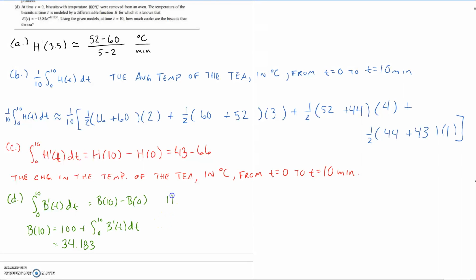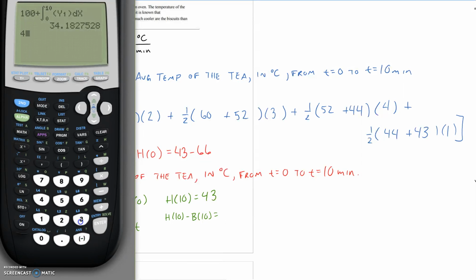h of 10 is 43. We can read that from the table. And then h of 10 minus b of 10 is the difference in the temperature here. 43 minus that 34.813 gives us 8.817.